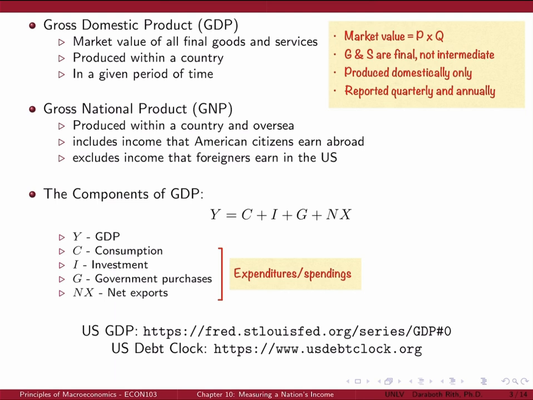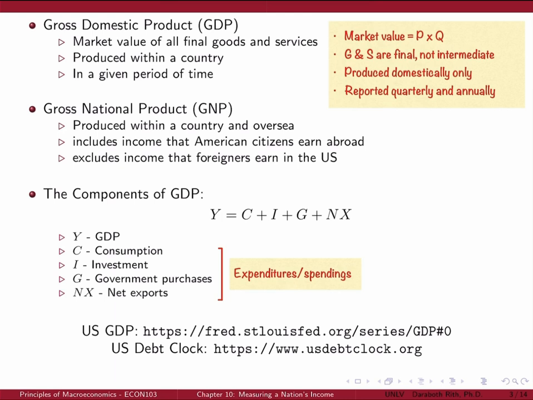GDP focuses solely on domestic production, and it is typically reported quarterly and annually. Developed economies usually provide these reports quarterly, while developing and underdeveloped economies often report annually. Gross National Product, GNP, differs from GDP by including income earned by nationals abroad and excluding income earned by foreigners within the country.